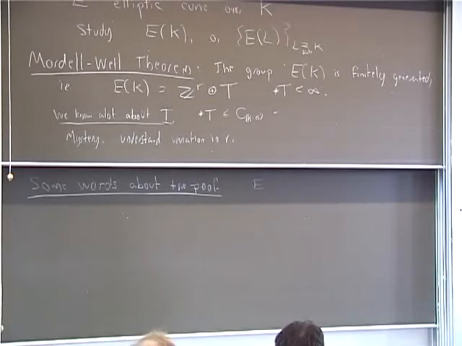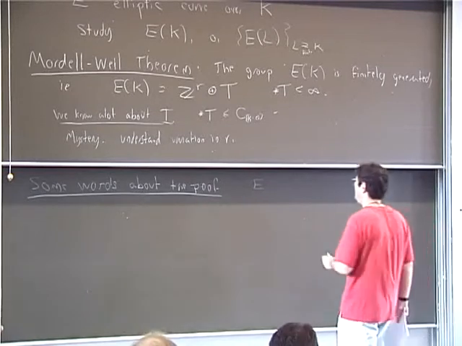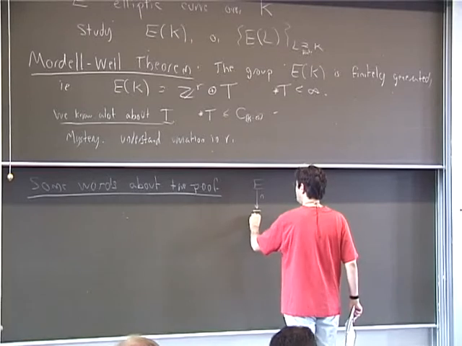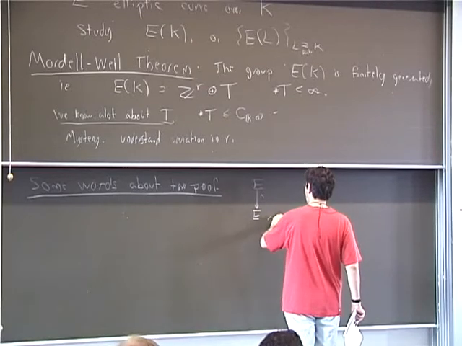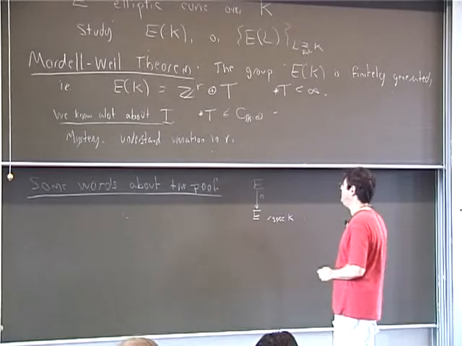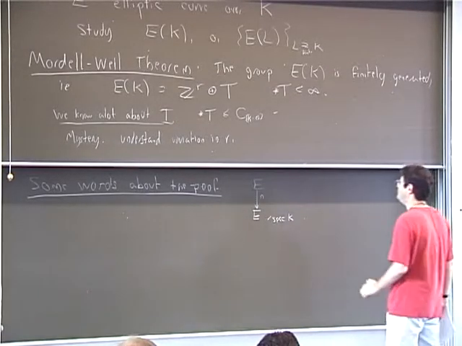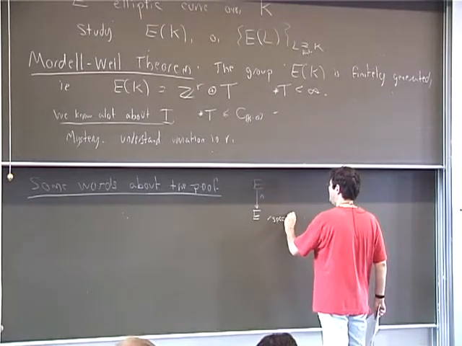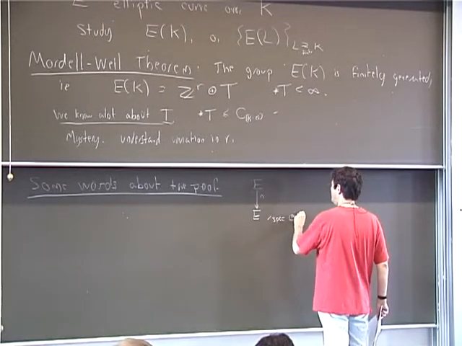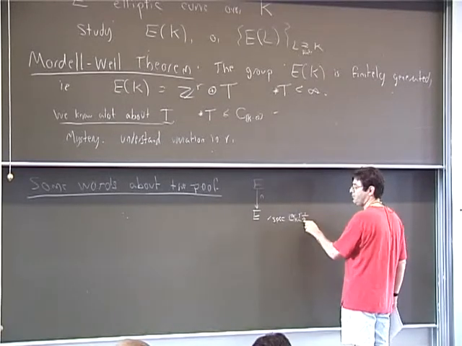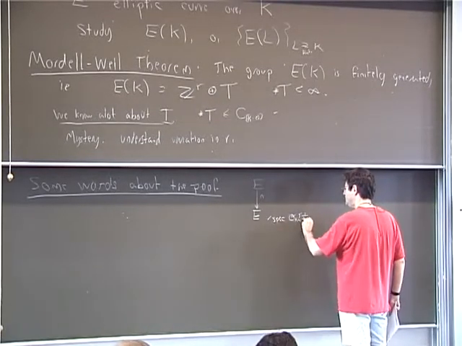Namely, by virtue of the fact that it's a group, the multiplication by n map is a nice étale cover from E to itself over spec K. In fact, this even extends to a smooth morphism over the spectrum of the ring of integers where we invert the primes of bad reduction, the primes dividing delta, and the primes dividing n.